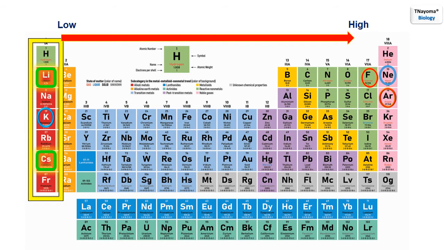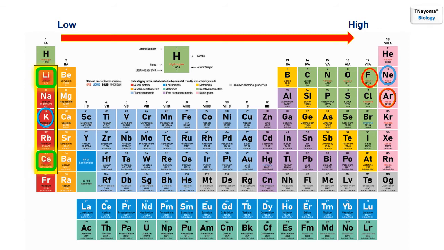So the ionization energy decreases as you go down a group. So generally, let's see what the trend is. In general, the ionization energy along a group will increase as you go up. The bottom is low ionization energy. The top of the group is high ionization energy.